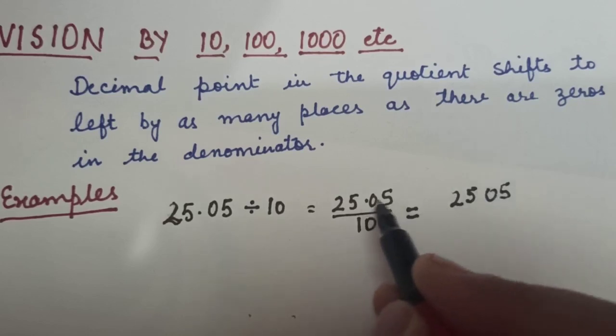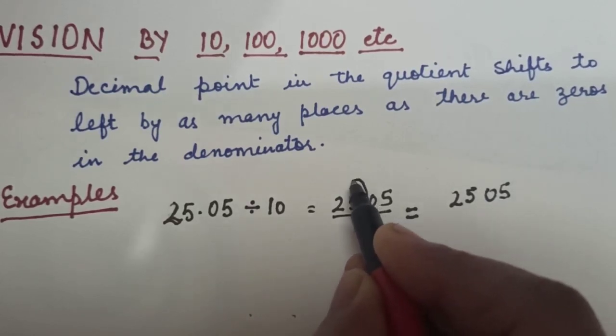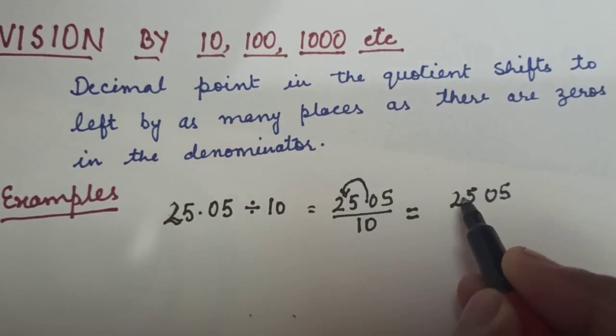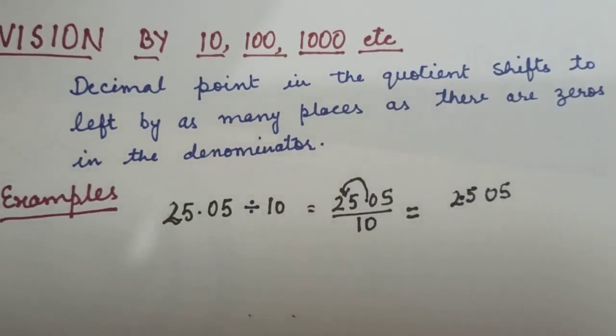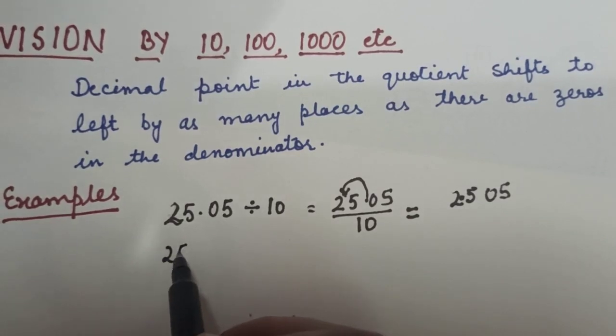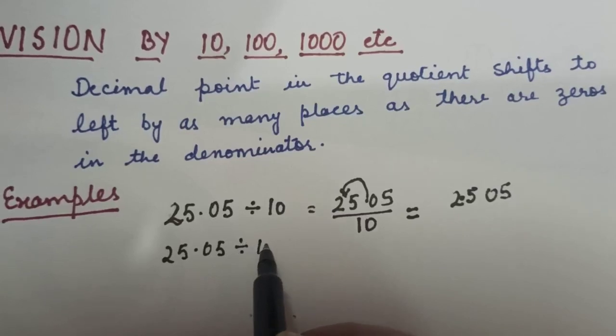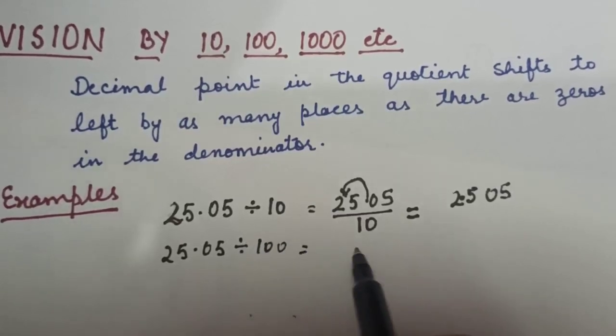Left means the decimal point will come here. So we will get here 2.505. Now if the same number is divided by 100, 100 means now the denominator is 100.